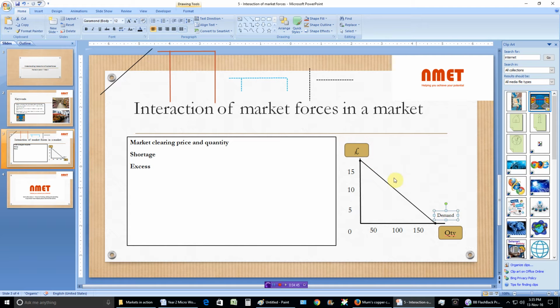And then we can see the market demand curve is downward sloping, because as the price is falling, more and more people are demanding the quantity of that good. So it's a normal good. As the price falls, the more is demanded.